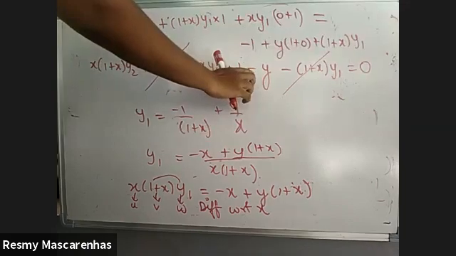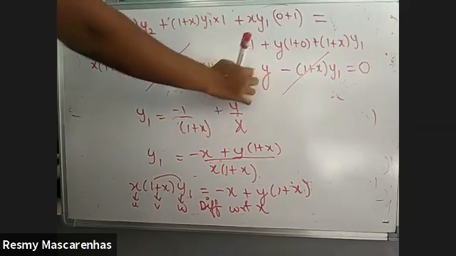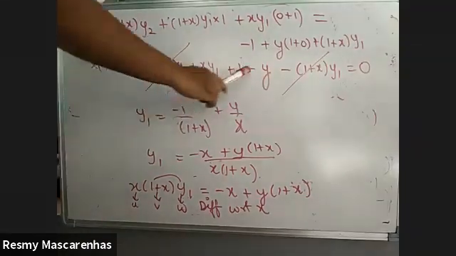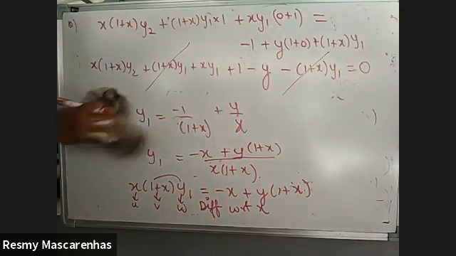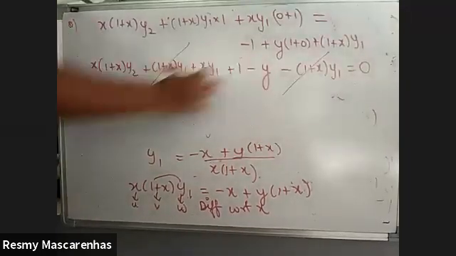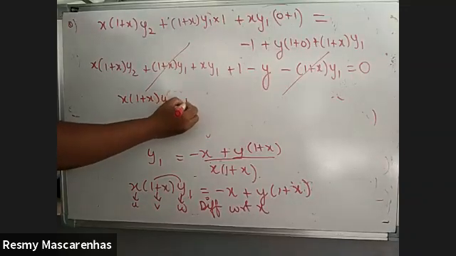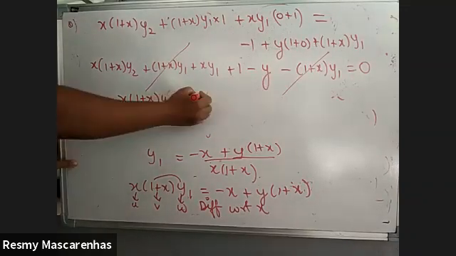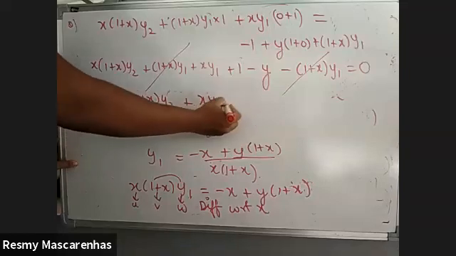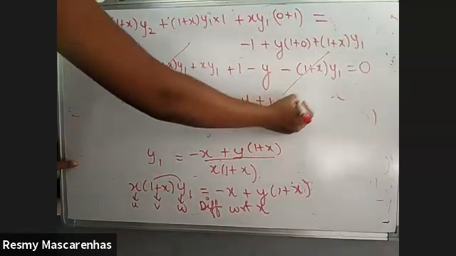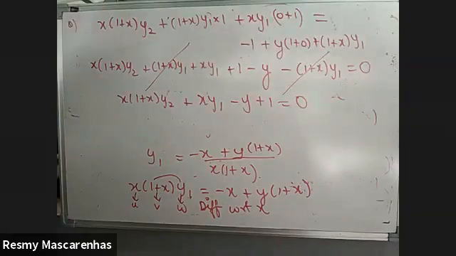If in case I had given it as plus, this is minus y. I think I gave minus only, just check. So the final answer: x y2 plus x y1 minus y plus 1 is equal to 0. So this is the answer.